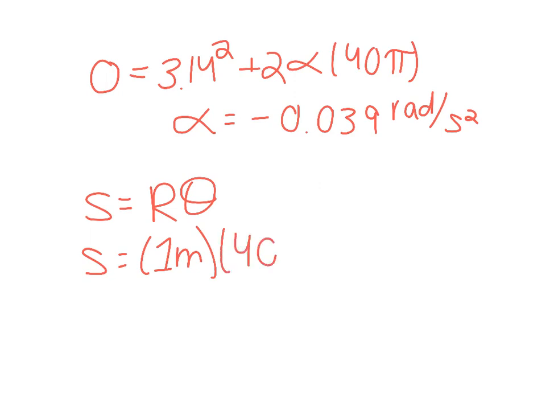So in this one, it is 40 pi. So that's going to give us 40 pi, or approximately 125 meters. So when you're going through these problems, it's important to keep in mind your units. Make sure your units are canceling and everything is correctly in radians.